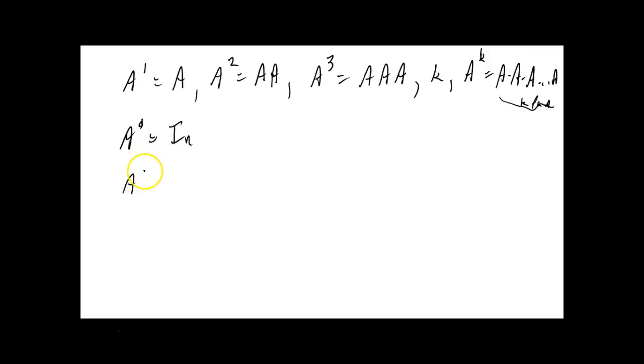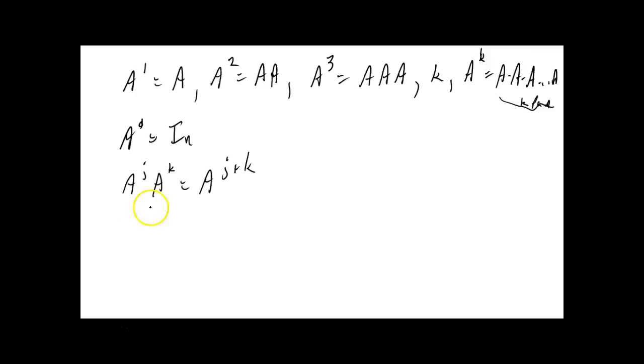Now, those definitions allow you to establish some other properties, and here's one. If you have A raised to the jth power times A to the kth power, where A to the j is j factors of A and A to the k is k factors of A, then what would this product be? A to the j plus k. You just add the exponents, just like you do with powers of numbers.